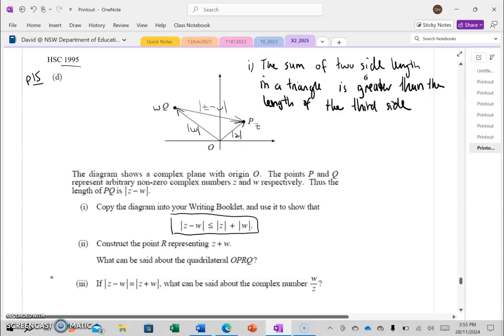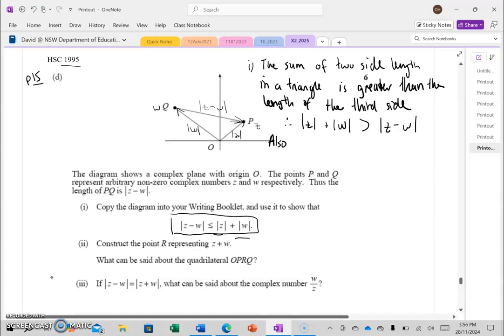So applying that here, we can say therefore that absolute value of Z plus absolute value of W is greater than absolute value of Z minus W. And we should just talk about the equality case separately.